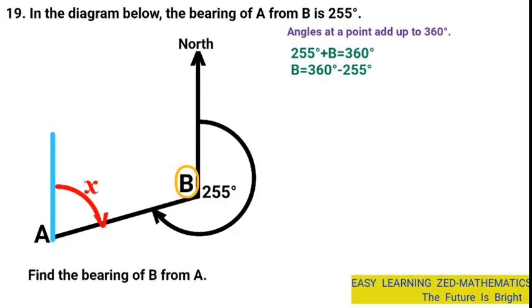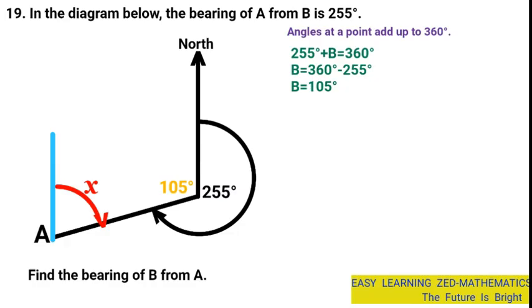Then we find the difference of 360 and 255 degrees, which gives us 105 degrees. So that is the value of angle B, and I can replace that angle with 105 degrees. Now we have found the angle which is adjacent to the bearing of A from B.